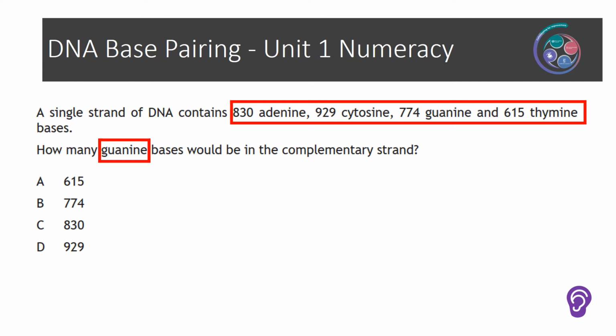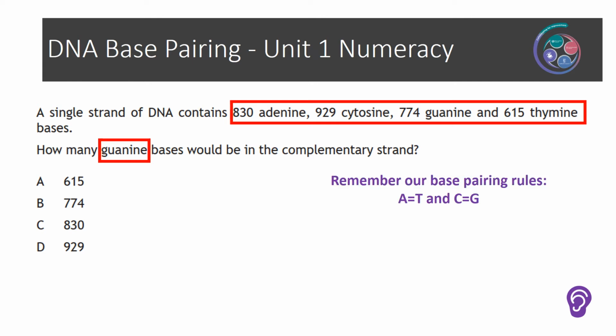I would either highlight these or underline. Here I have highlighted 830 adenine bases, 929 cytosine, 774 guanine, and 615 thymine bases on a single strand. But the question is asking us for guanine bases in the complementary strand.